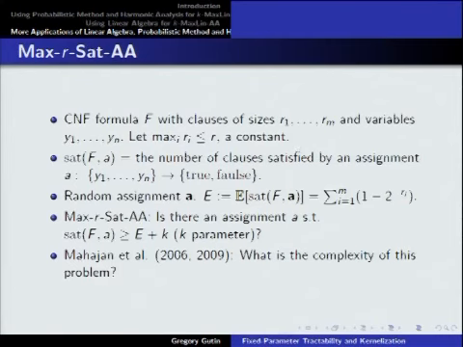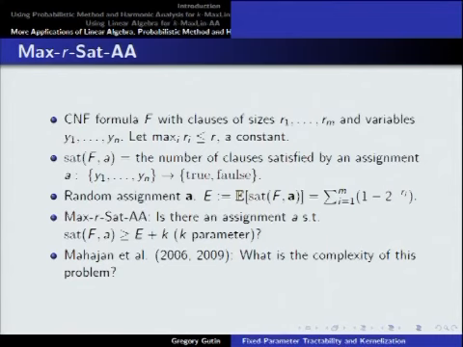Okay, now let's consider max r-SAT. So here I just recall that we have a CNF formula with clauses of sizes r1 to rm and variables y1 to yn. And then we assume that the maximum size of a clause is bounded by some constant r.